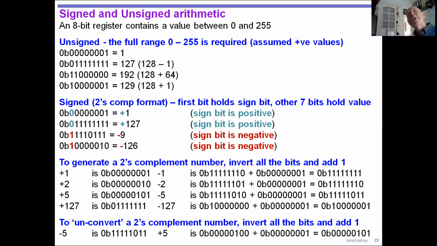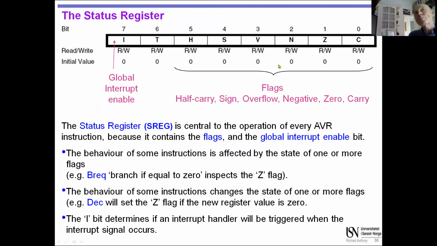You tried to make a negative number that was greater than just the 7 bits that you used to convert. For example, suppose you try to convert 192 to a signed value. You're going to lose some data because this is data. You see what I mean? So how do you know that's happened in your code? Well, luckily, this is where we lead to this. You have a status register.